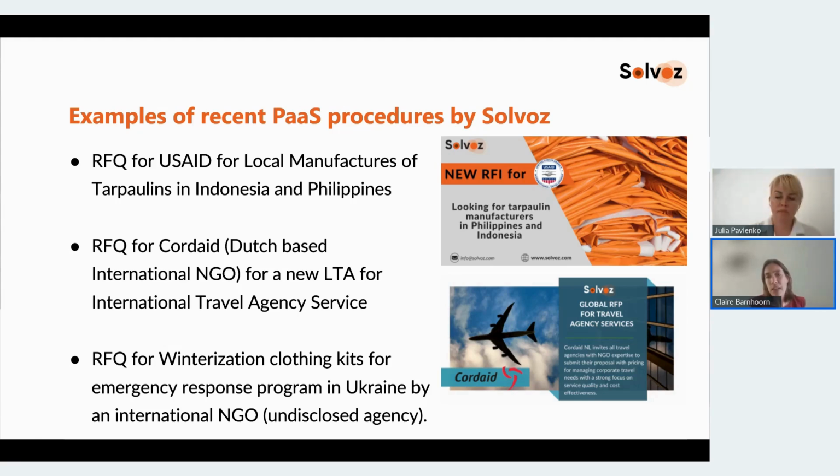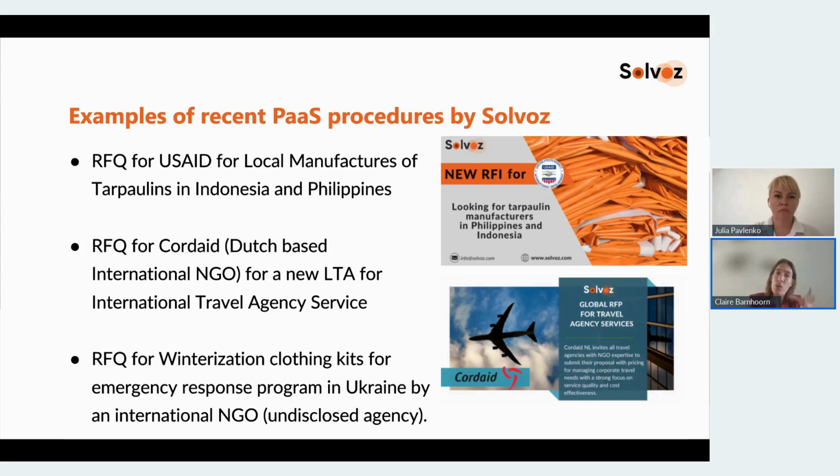Another example has been an RFQ for a Dutch-based international NGO, for a new LTA for an international travel agency for their organization worldwide. But also, and this one is undisclosed, a winterization clothing kit for emergency programs in Ukraine. But again, if you go to the website, you'll probably find others as well.